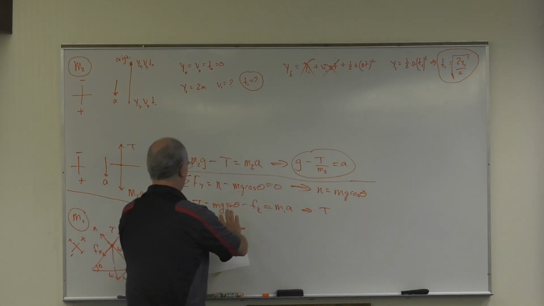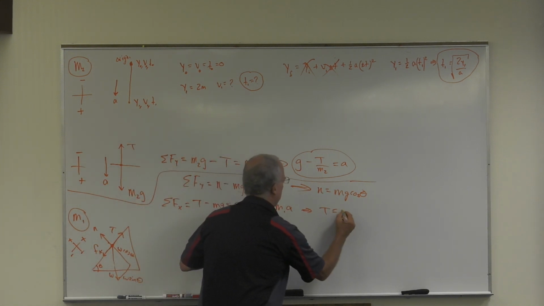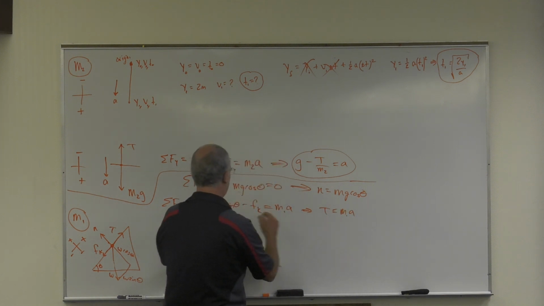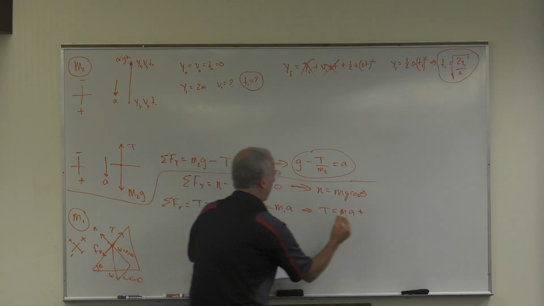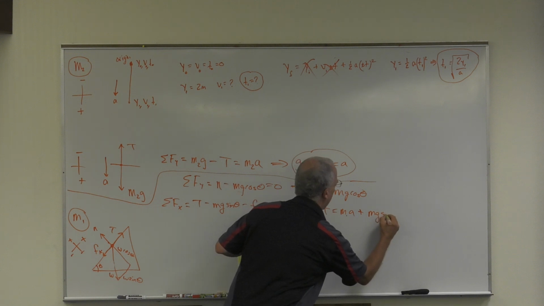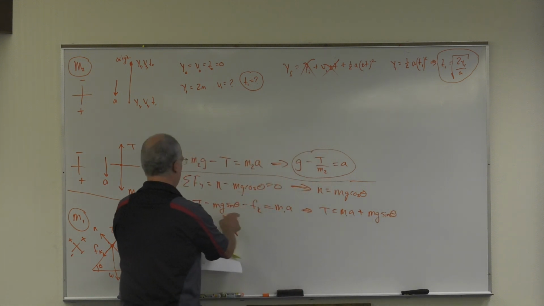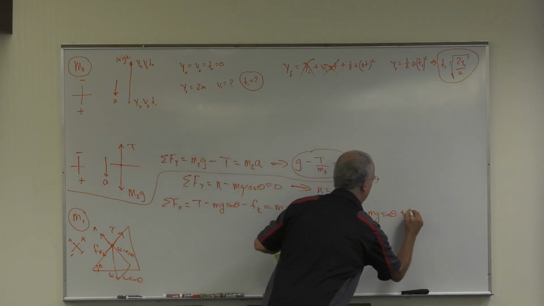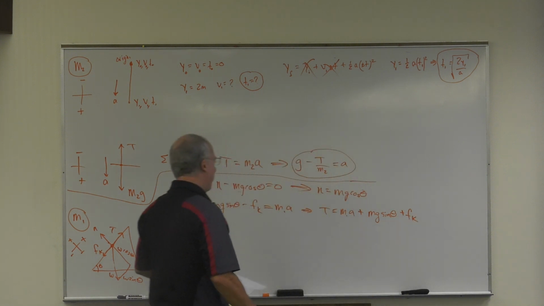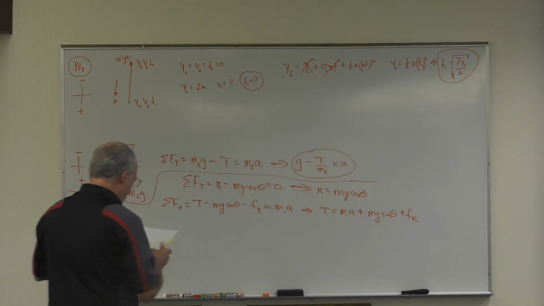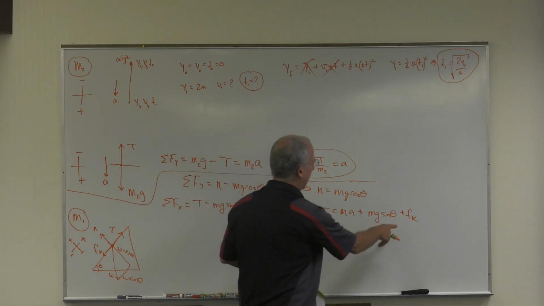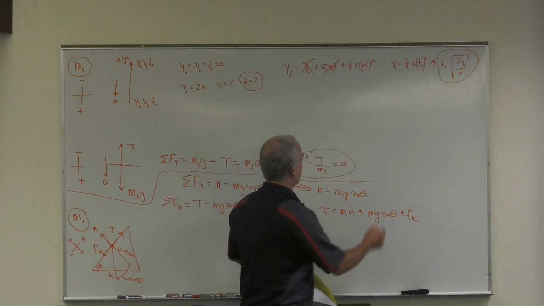So tension, just put all this junk on the other side. So it's m1a plus mg sine theta plus fk. All right, now, what is fk? Because we got to substitute for it, right? I just wrote it a minute ago.